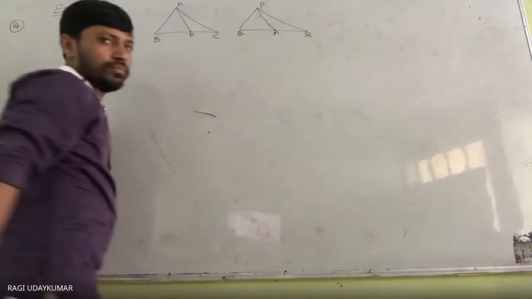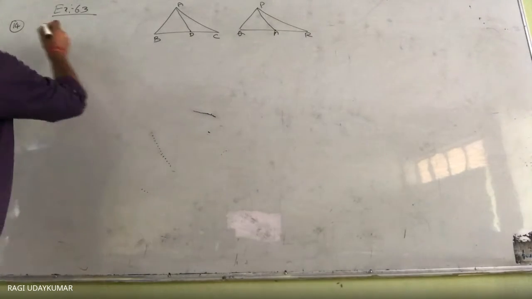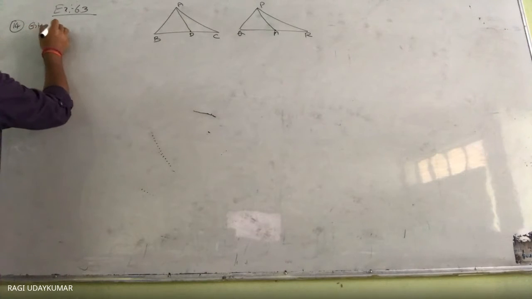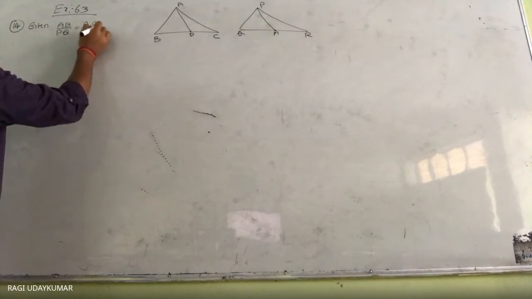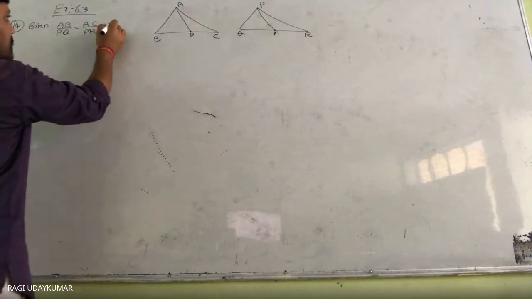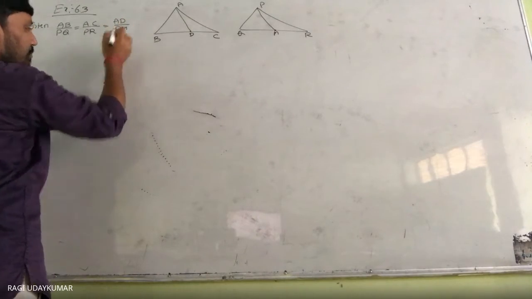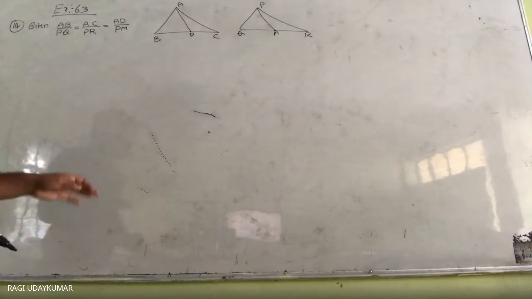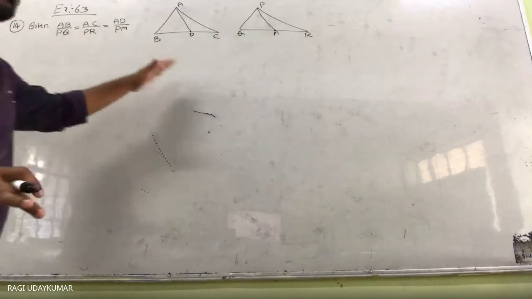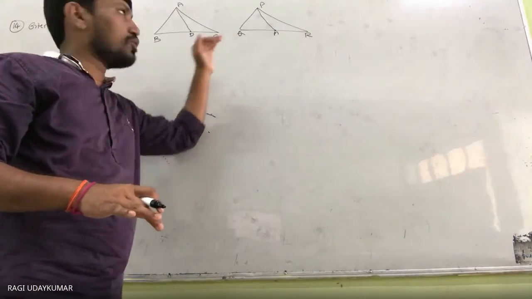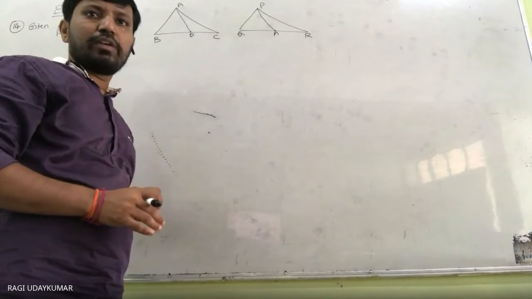These are the things given to us. Given they are in proportion: AB by PQ is equal to AC by PR is equal to AD by PM. Only this is given, and we are asked to prove that triangle ABC is similar to triangle PQR.